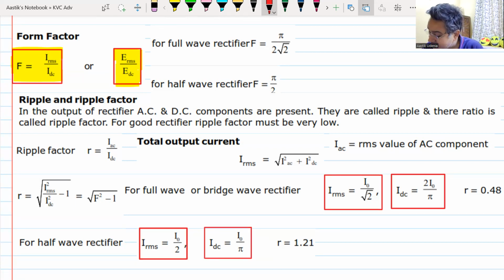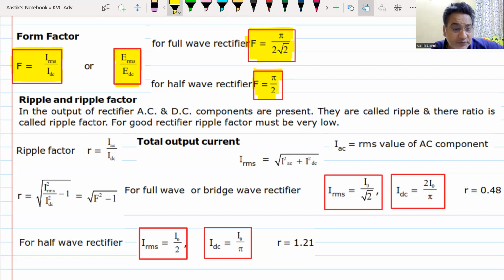If you divide them, the form factor for a full wave rectifier comes as pi by 2 root 2, and the form factor for a half wave rectifier comes as pi by 2. Do we understand this? Yes or no?